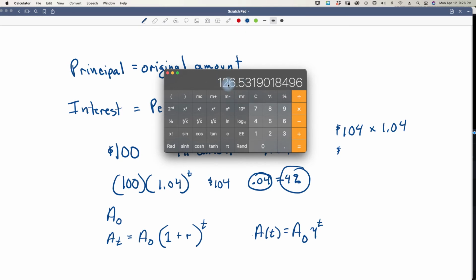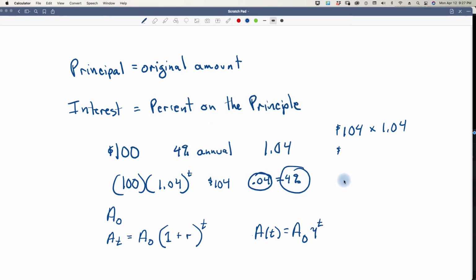So you only deposited $100 6 years ago, and now it's $126. Cool, huh? All right, so let's do a problem based on this formula. So write it down. You're going to need it for the next page for sure.